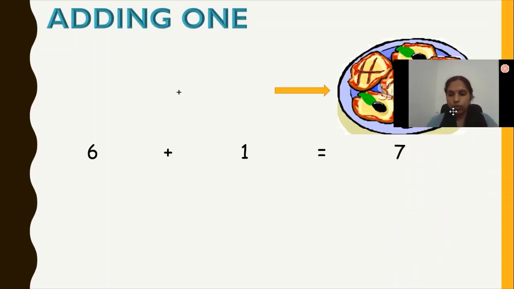So how many cookies we got in all? 7 cookies. In the beginning we had 6 cookies. We added one more cookie in the plate. Now we got 7 cookies. Now I will show you one more example.